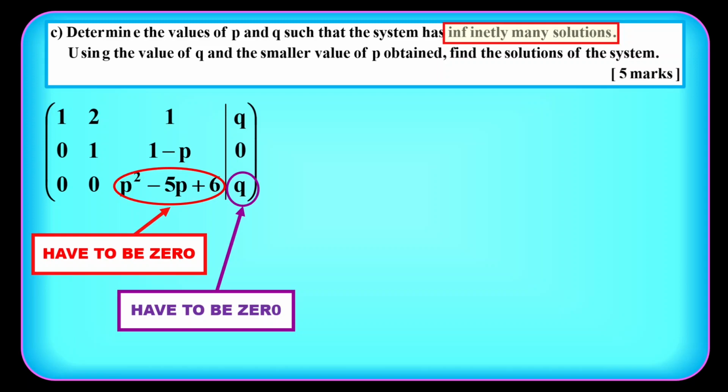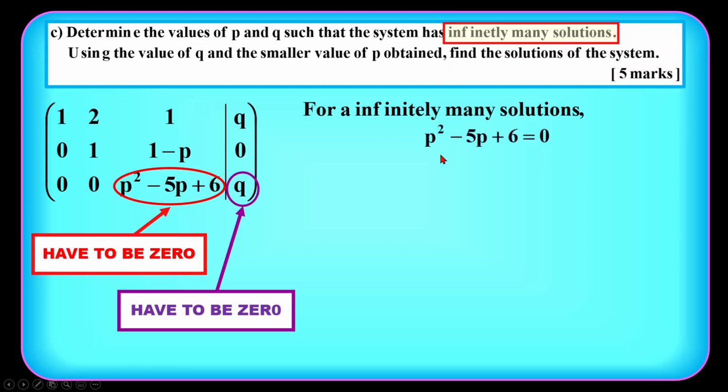Therefore, we can write our infinitely many solutions condition as the quadratic equals to 0. So we have the same factorization, and we will get our P equals to 2 or our P equals to 3.